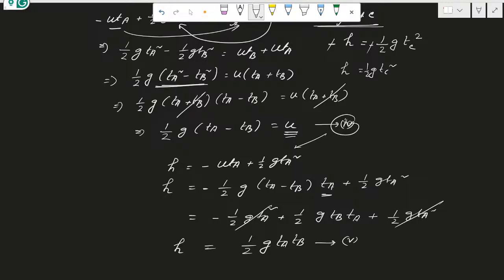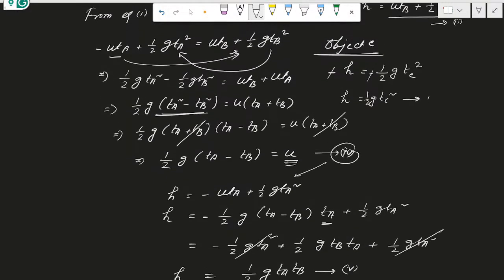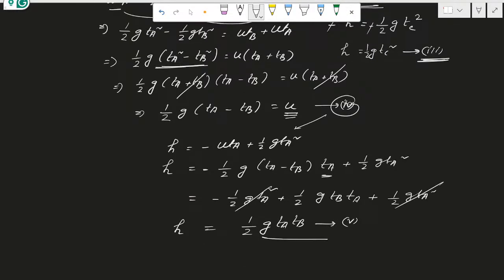Now you see, this equation 3, h is equal to half g tc square, this is also h, and equation 5 is also h. So equate both from equation 3 and 5, both the h's are equal, so half g ta tb is equal to half g tc square.